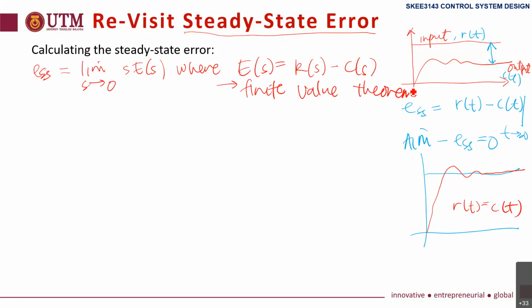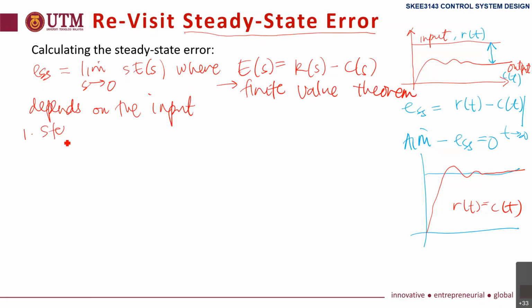I believe your lecturer, I think Dr. Herman, last semester has taught you steady state error. And the steady state error depends on the input. It's very much related to the input. Okay? And we have three different inputs.